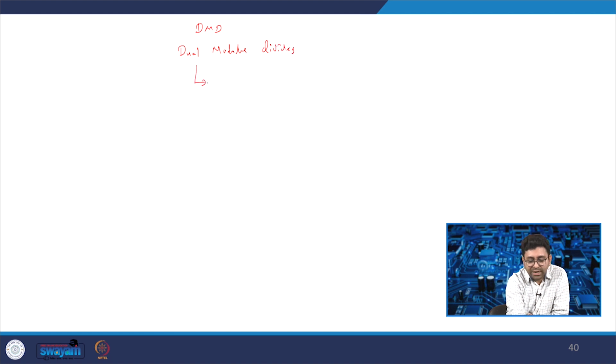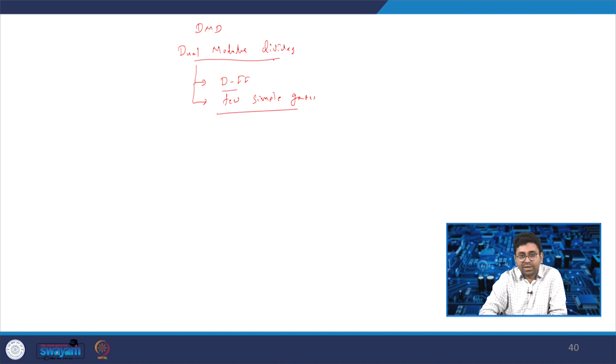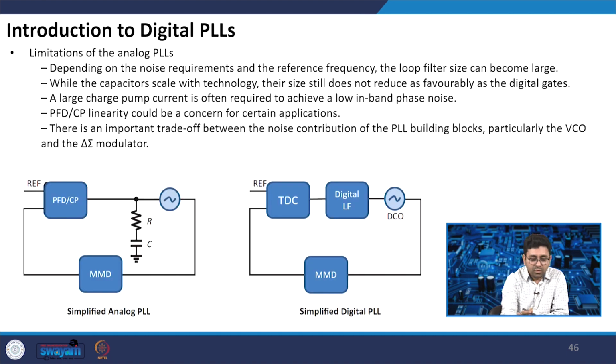A dual modulus divider can be made by using a D flip flop and a combination of a few simple gates. If we do this, we can make various dual modulus dividers. This can also be extended to the digital PLL. So, whatever PLL we have designed and discussed, we can also make as a digital PLL.